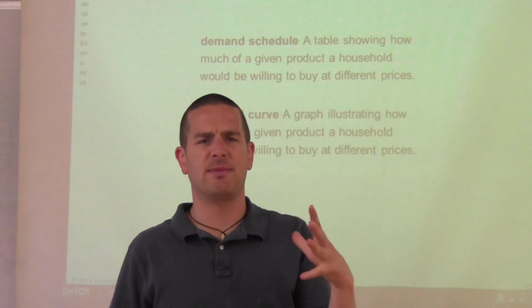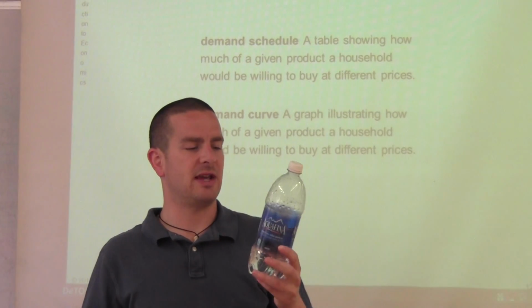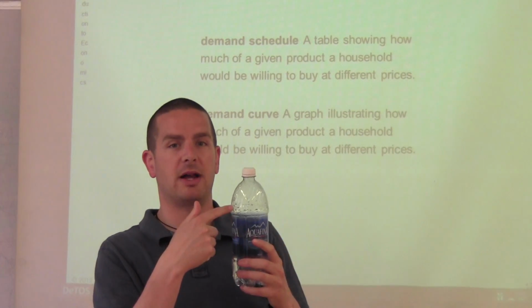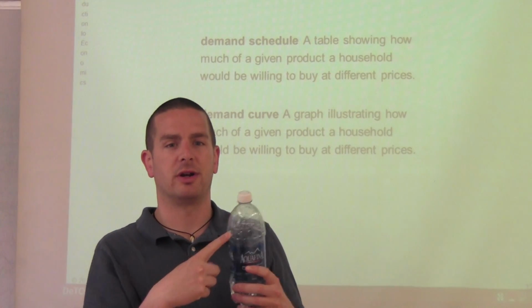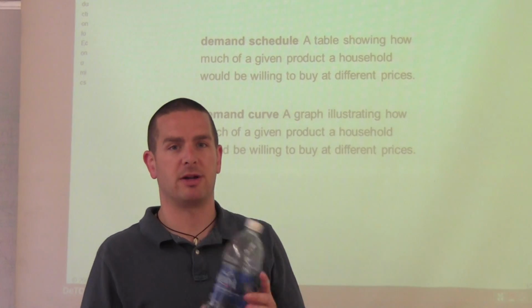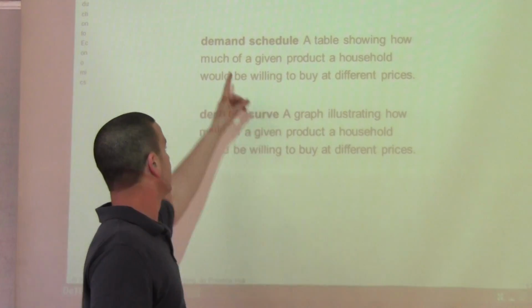So it's a statistical table that says, at a price of $3, you're willing to buy 1 bottle of water. At a price of $1, you're willing to buy 3 bottles of water. That's a demand schedule.